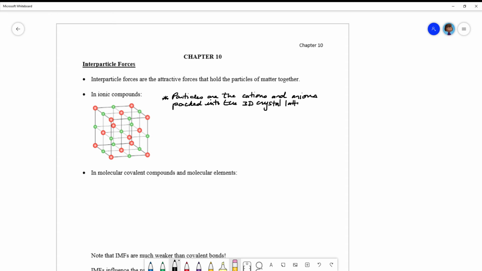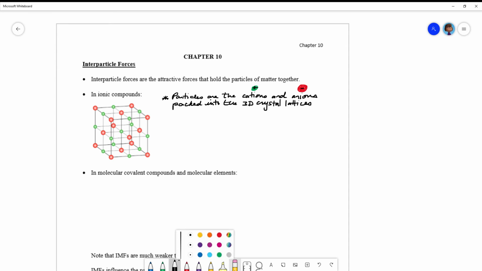And that's this picture I have over here of our cations and anions packed together in a crystal lattice, where the cations are the little green ones, and the anions are the bigger red ones. So that's just a little guide for us. Cations positive, anions negative in our crystal lattice.